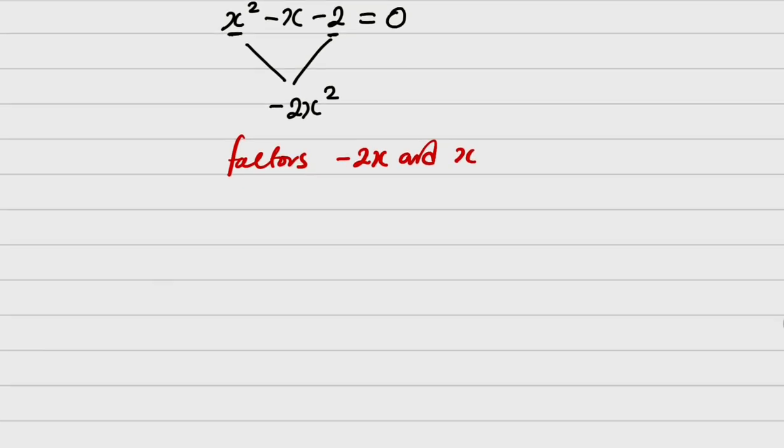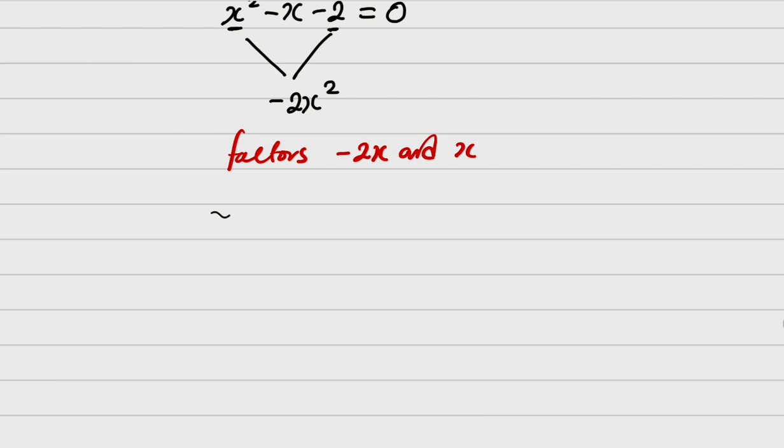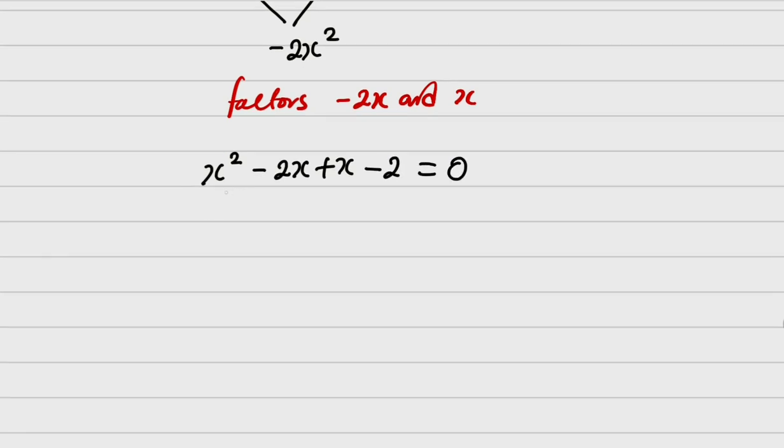So we replace it: in x squared, we have minus 2x plus x instead of minus x that we have there, then minus 2 is equal to 0. So the way to do it is to group. You pick these two, and if you factorize it, you're going to have x into x minus 2, close the bracket, plus we pick the next two.